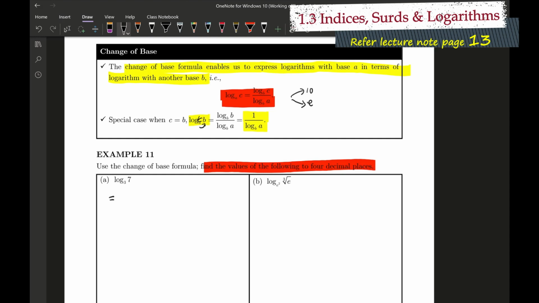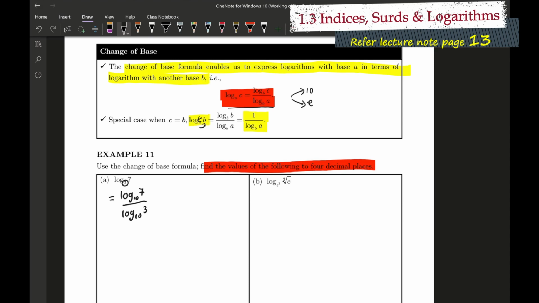For base 10, we use these properties. It will become log 7 base 10 over log 3 base 10.